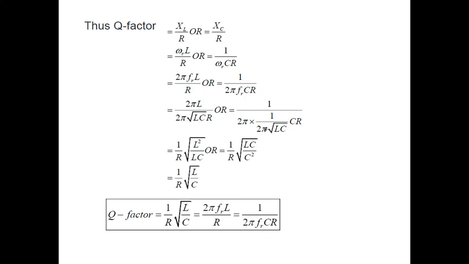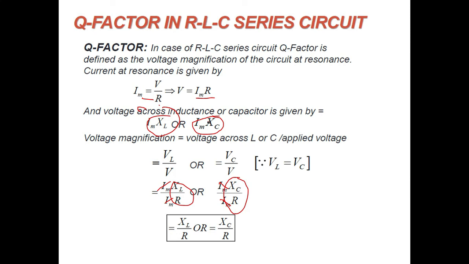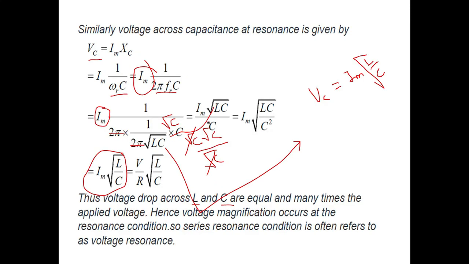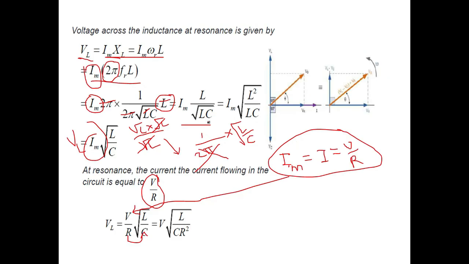Substituting here the value of the resistance R, we get 2 pi L into 2 pi square root of LC into R. For that case, Vc or VL is equal to V upon R into square root of LC, and that equation can be used here.